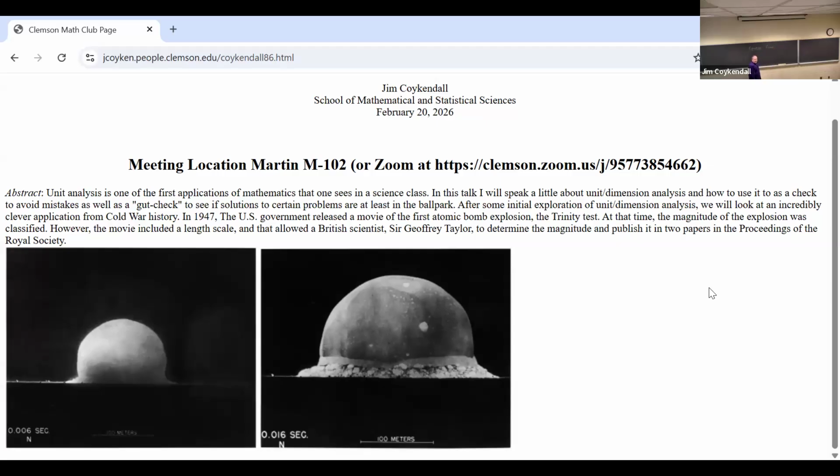Force, mass, and acceleration, Newton; energy, potential energy, kinetic energy, and Einstein's famous rest mass equation.